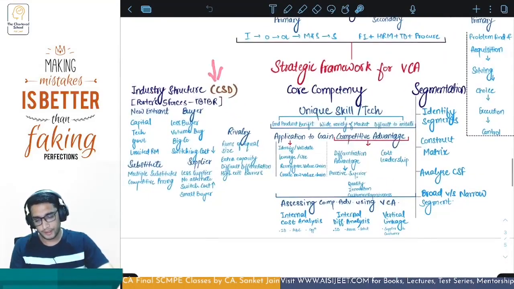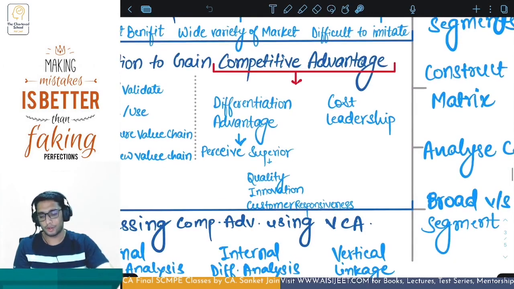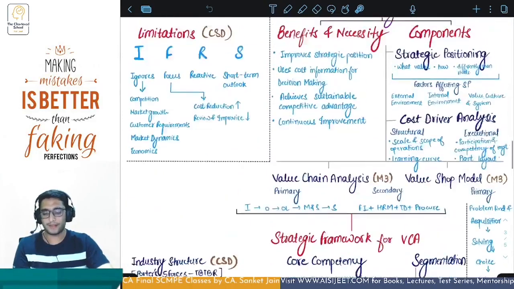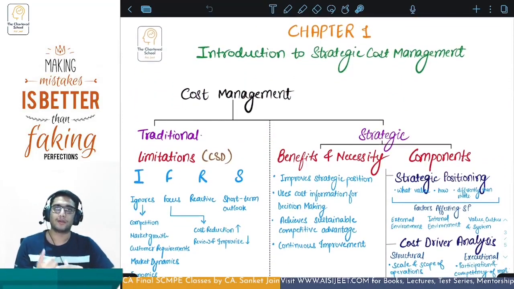That would be it for this. And for competitive advantage, there is one case I think in module 3 now, and of course it is there in the Scope View book. That case is called BA Airlines, and you should do that for competitive advantage.